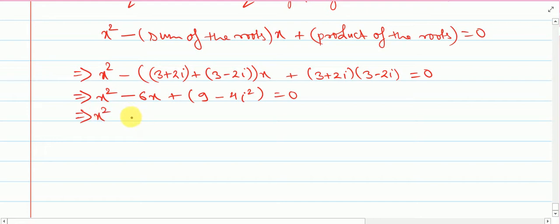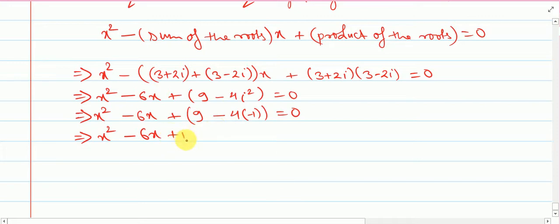But in the previous chapter, complex numbers, we have learned that i square is nothing but minus 1. So 9 minus 4 times minus 1. So in the next step I will get x square minus 6x, minus minus plus, 9 plus 4 is 13, equal to 0. Here you can give the reason that i square is minus 1.